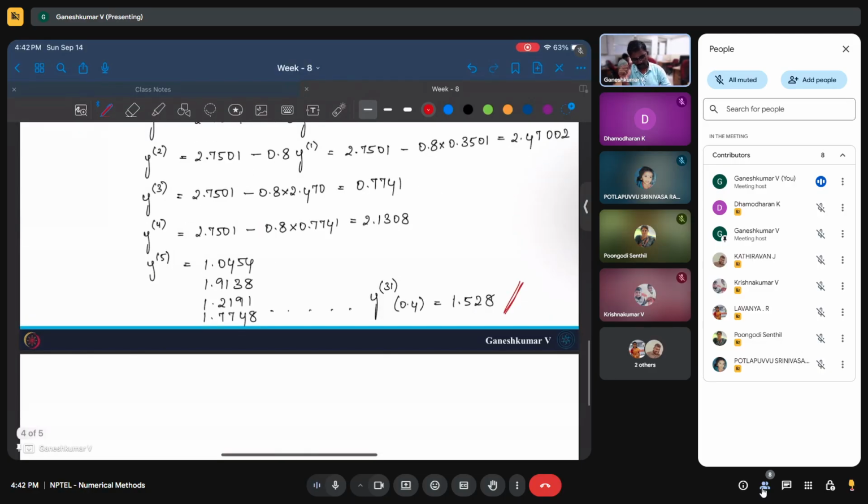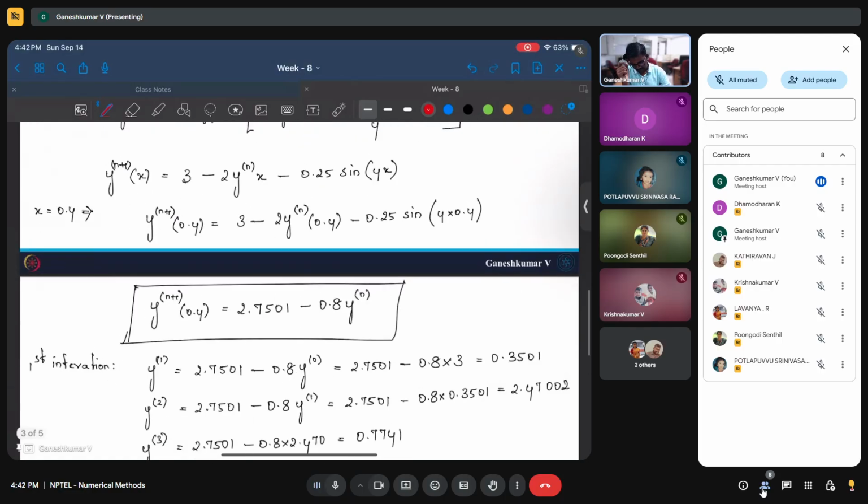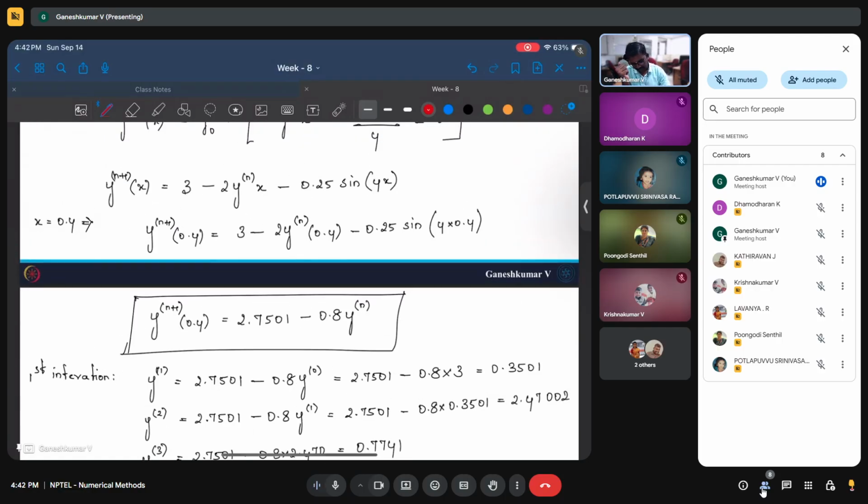So you have to continue doing this iteration by substituting again and again, and at the end, at the 31st iteration, you may reach 1.528. So that is the problem with Picard's method. You have to keep doing iteration. You have to wait till convergence to reach this value. And if you do have multiple steps, as I said, instead of directly jumping to 0.4, let's say I first jump to 0.2 and evaluate the y.